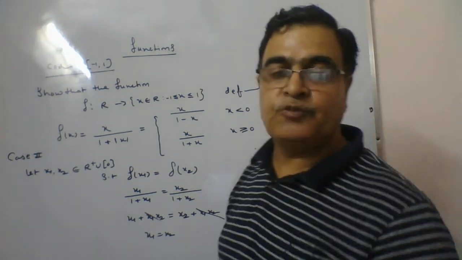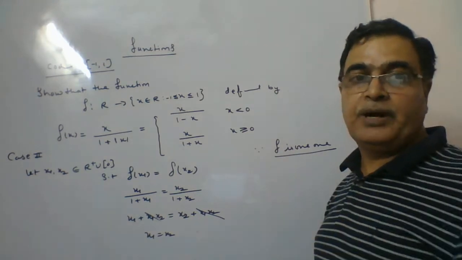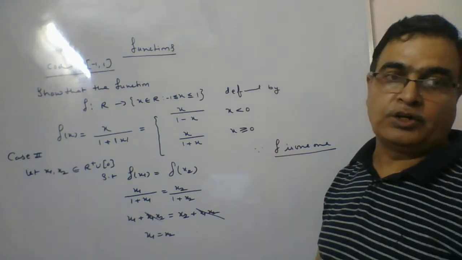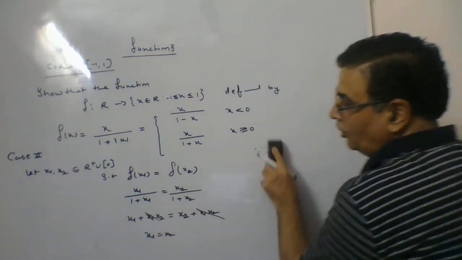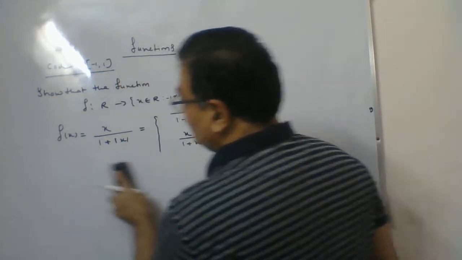We have decided that the function is 1-1. Now we are coming to the second part. We should check whether this function is onto or not. So to check onto, we will go the other way. Now again two cases are there.